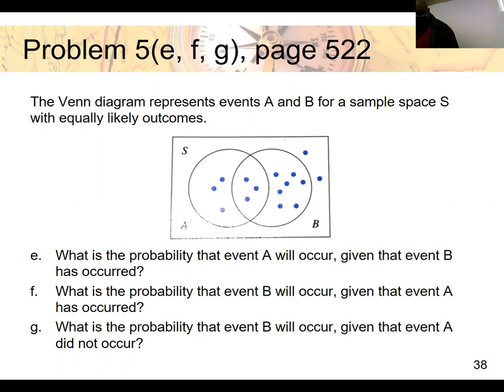E, F, and G ask for the probability of event A will occur given that B has already occurred. We pretty much did those problems.